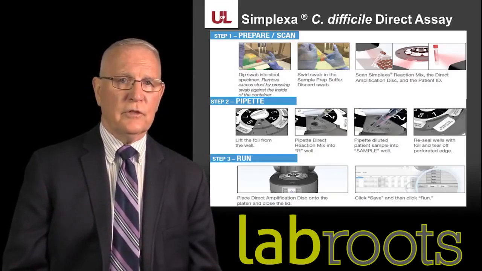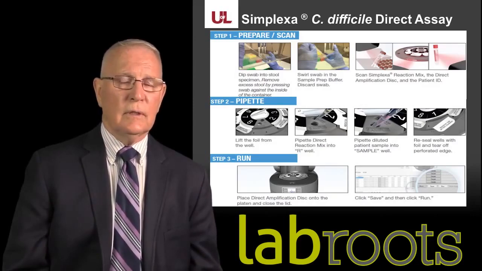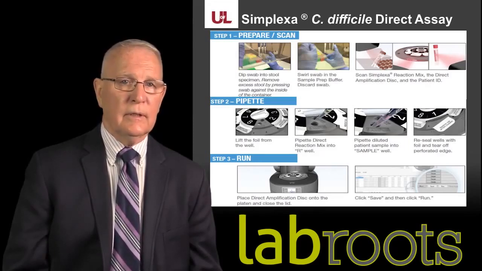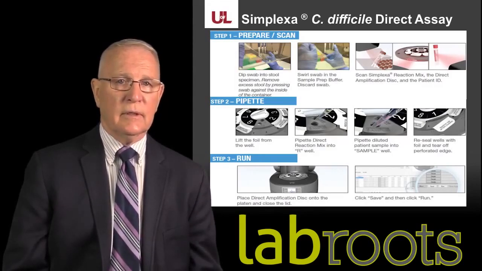The disc is resealed with foil, and we tear off the perforated edge and place the disc in the device or platform and close the lid, and within about an hour you will have your results printed out electronically, and simply you can click save and then click the run.